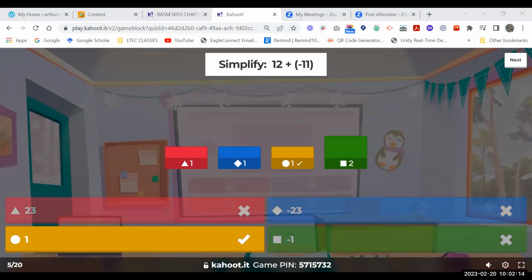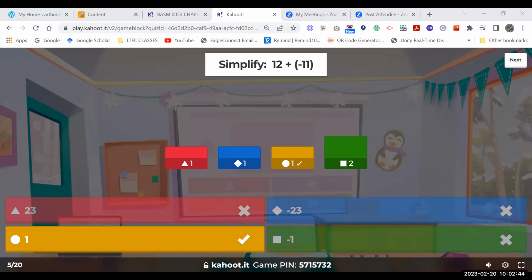The question is now why? Again, we can't do anything inside the parentheses, so we have to get rid of the parentheses. Positive and negative becomes a what? 12 minus 11. Well, you weren't alone. 12 was bigger than 11.